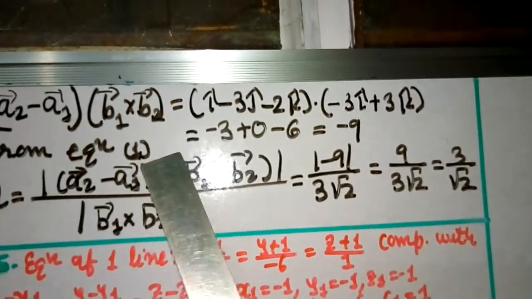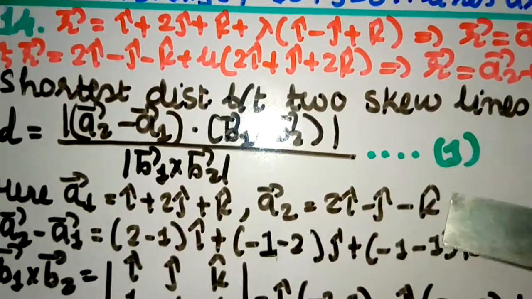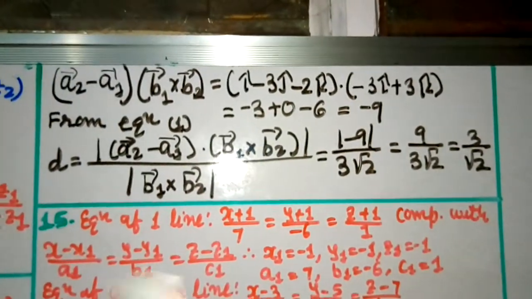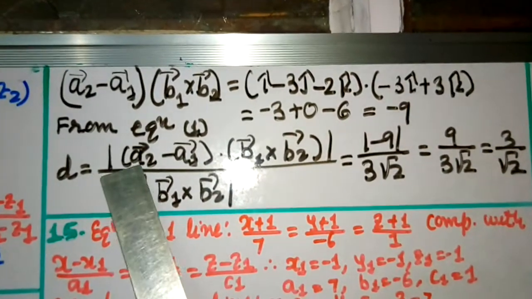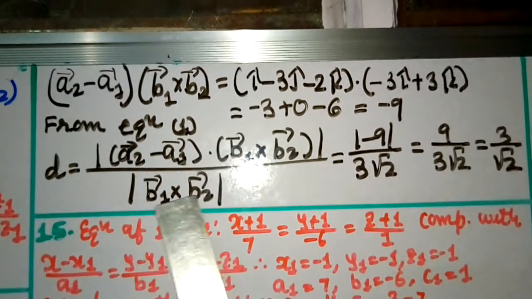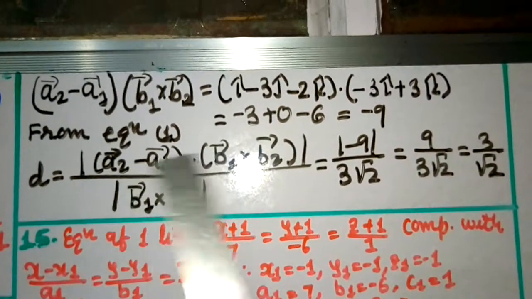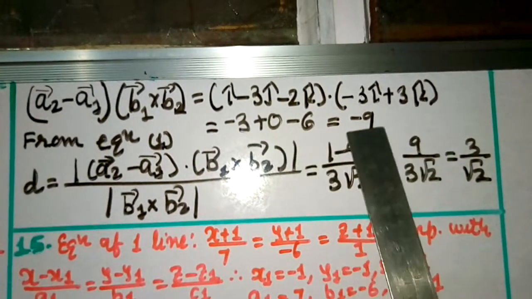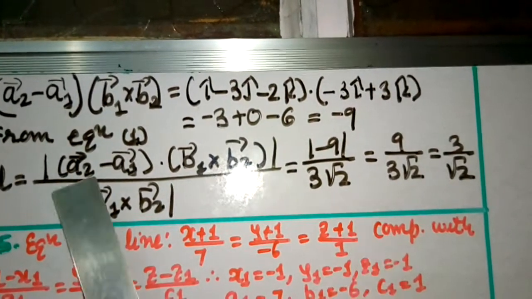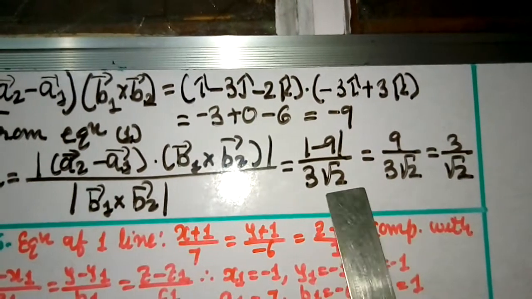So from equation 1, I just write the formula: shortest distance between the lines, d equal to modulus of (a2 minus a1 dot b1 cross b2) divided by magnitude of b1 cross b2. This value we found as minus 9, so modulus of minus 9, and the magnitude of b1 cross b2 we found as 3 root 2.